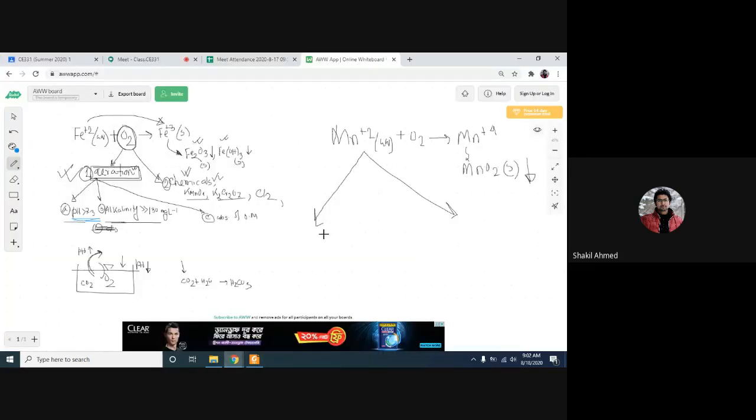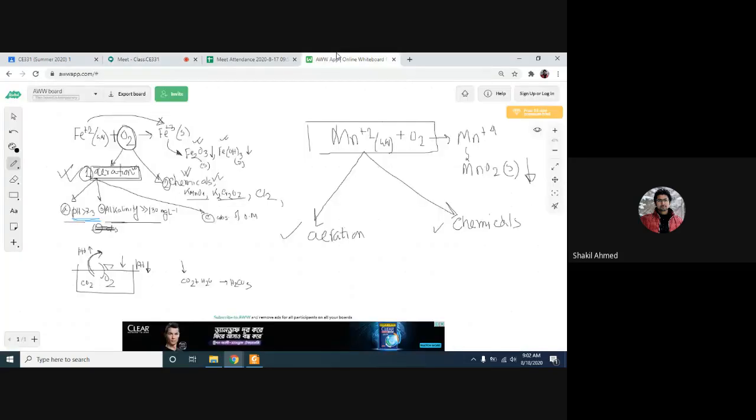So here, similar to this, you can perform aeration, and then you can perform chemical oxidation. This oxidation process can be performed either by aeration or by adding chemicals.